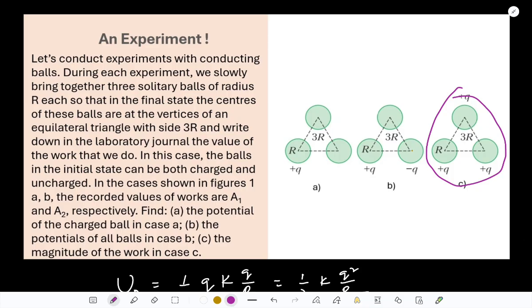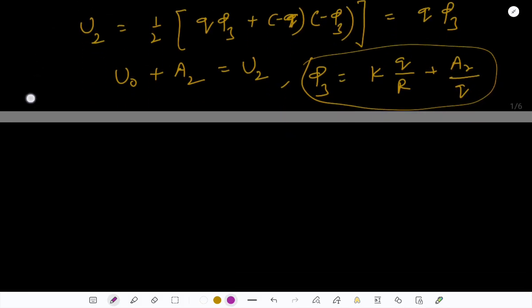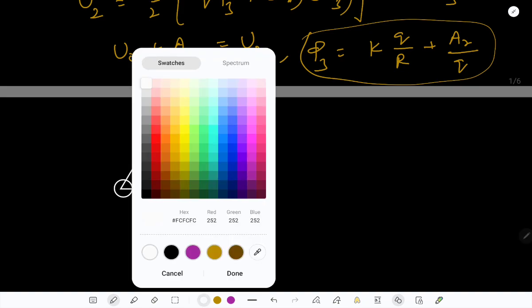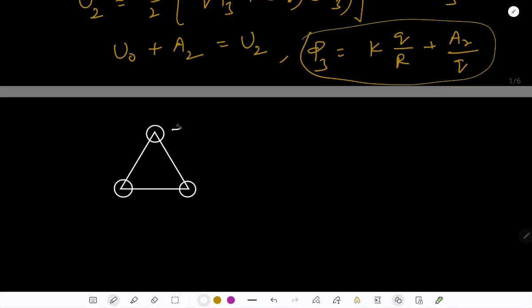So one thing is evident here, if I can think that in this case we have balls situated like this, and each ball was charged, it had charge plus q, it had charge plus q, and it had charge plus q.